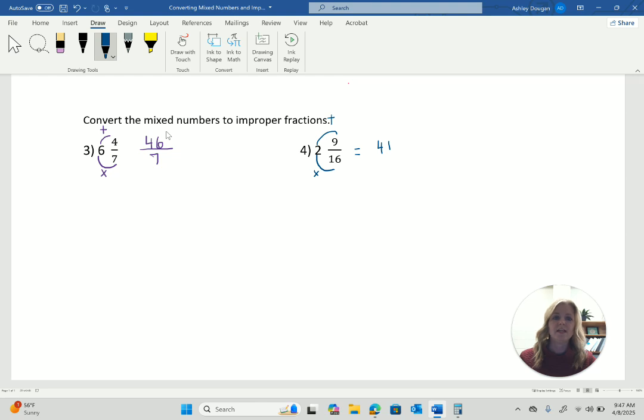We have 16 times 2 plus 9, and then the bottom number is going to be over 16. So that converts a mixed number to an improper fraction. And when we're working with improper fractions, this is going to be our first step. So what we've done is looked at the first and last step of our next video, which is multiplying and dividing mixed numbers.